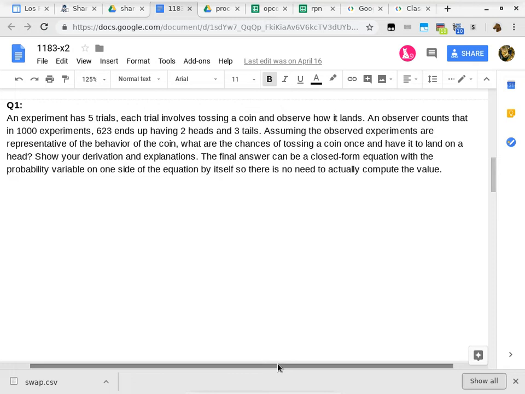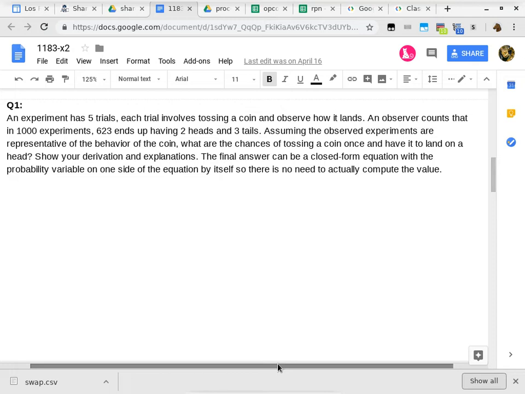The final answer can be a closed form equation with the probability variable on one side of the equation by itself, so there's no need to actually compute the value. I just want to know how you're reasoning this out, using mathematics, and also using binomial distribution. This is clearly related to binomial distribution. As it turns out, this 623 observations is actually impossible.